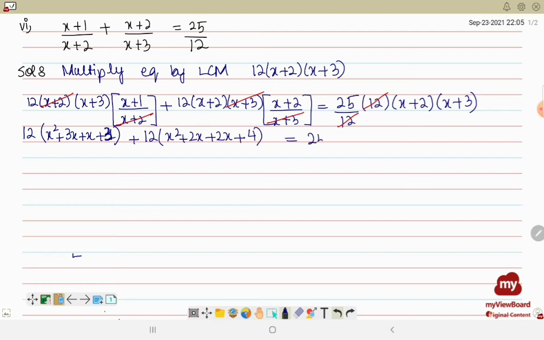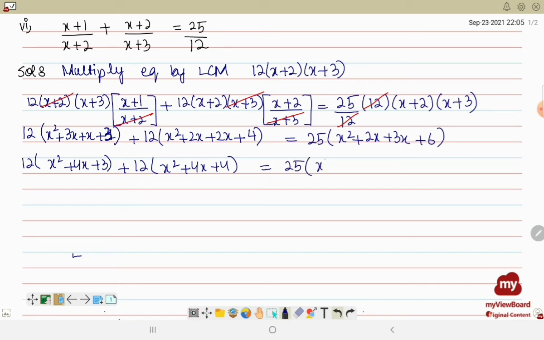And on the right hand side, let's solve it. x square plus 2x plus 3x and plus 6. Let's solve it a bit further. x square plus 4x plus 3. Then 12 times x square plus 4x plus 4. Then 25 times x square plus 5x plus 6.